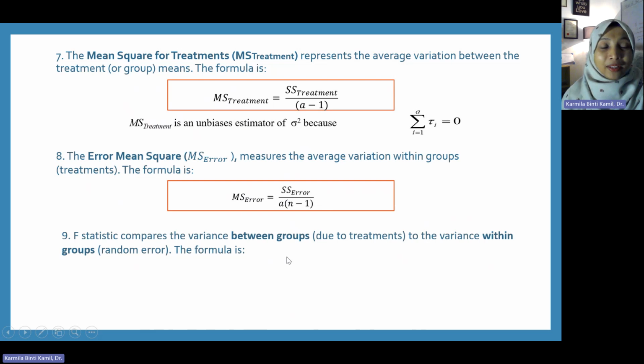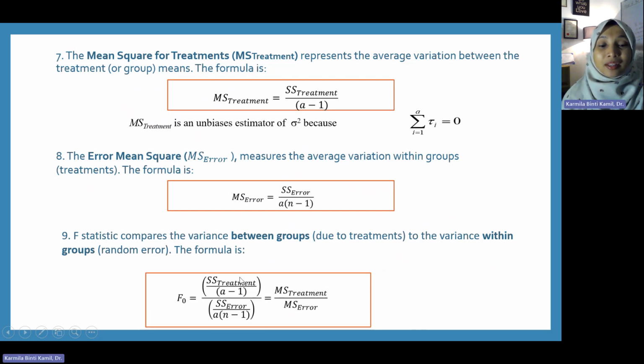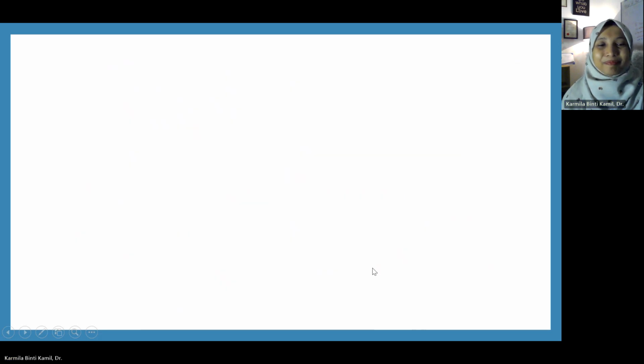Number 9 is the one that we actually want to find, which is the F statistic. It compares the variance between groups due to treatments to the variance within groups, which is random error. So the formula is just MS treatment over MS error.